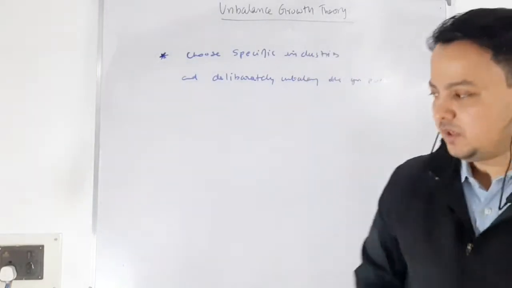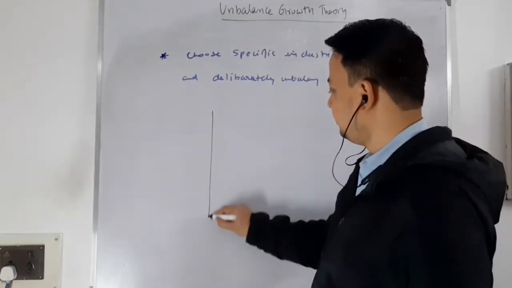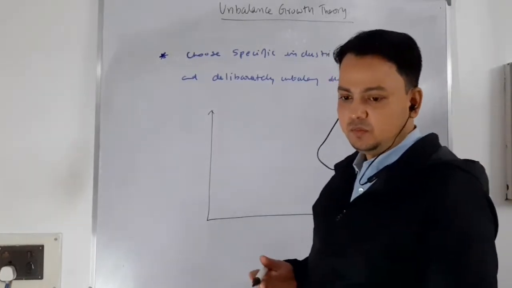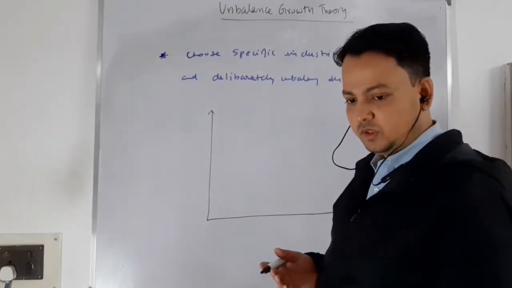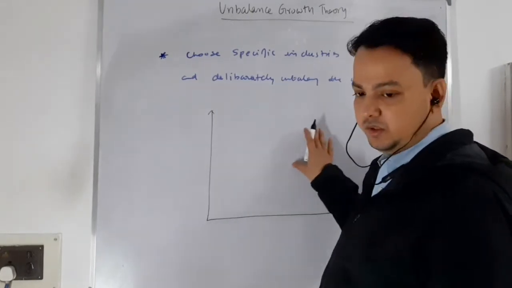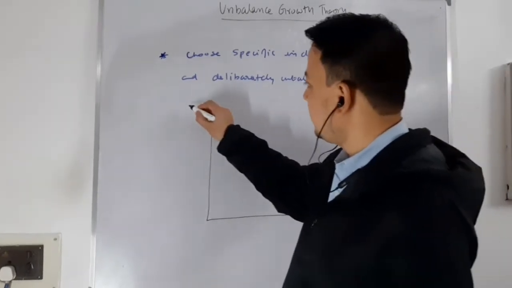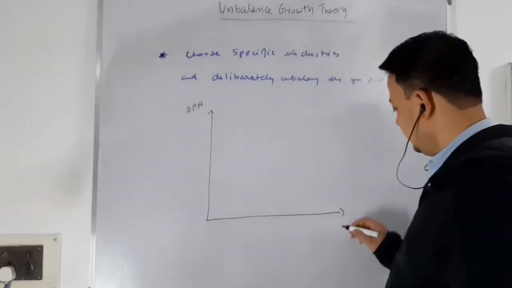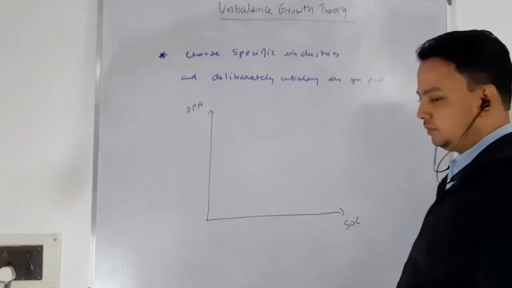When we are talking about a proportional relationship, we are saying that all sectors must be given preference, all sectors must grow simultaneously. So here we take direct productive activity, and here I am taking social overhead capital.